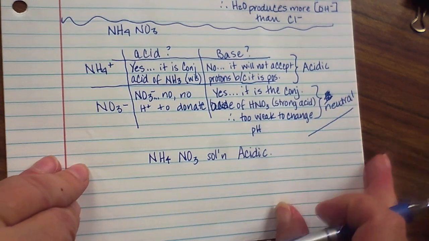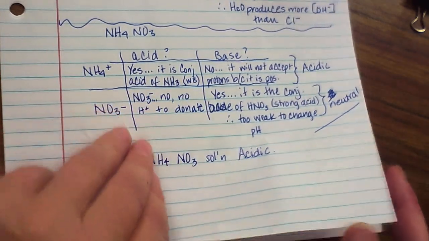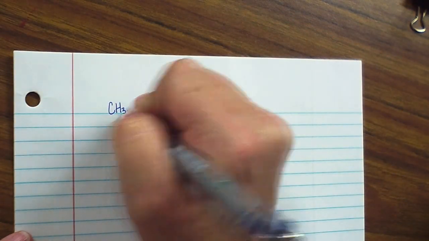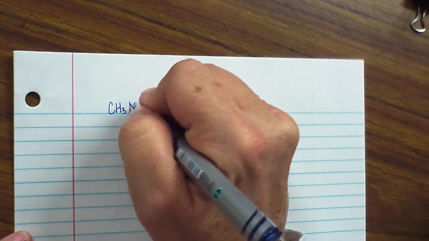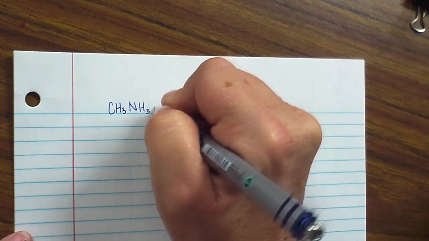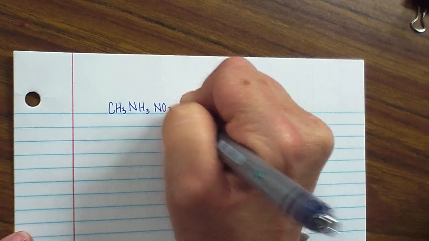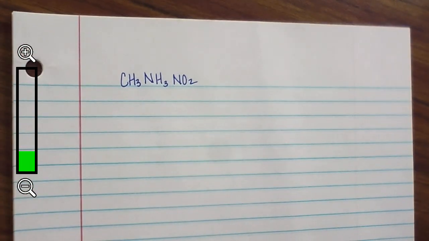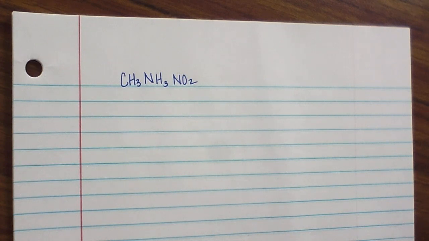Next, we'll try one that we are a little less familiar with, if that's possible at this point. All right. Okay, we're going to do methylamine, CH3NH3NO2. Okay, so we have to split this up. You're on your AP exam. This is the ion. How are you going to split this up?